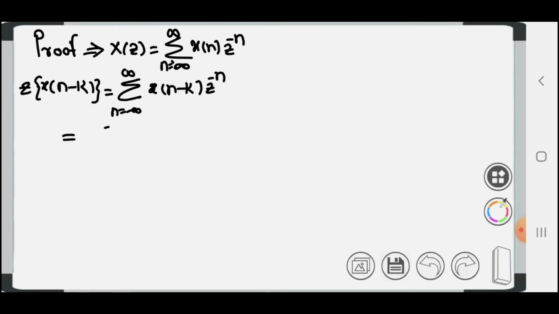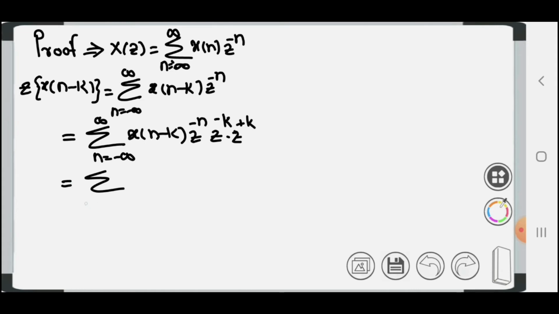So here we will make some rearrangement. In the exponent, I can add minus k and plus k, so that z raised to minus k into z raised to plus k becomes 1, and it won't affect our original equation.